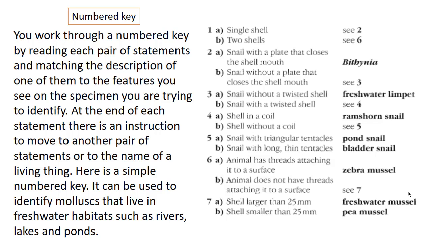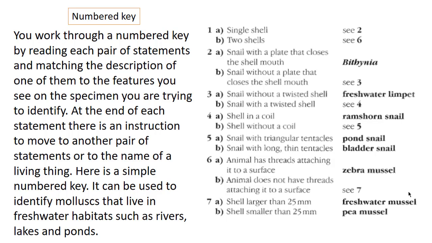If it's the second B, you go to the third pair, and the snail without a twisted shell is a freshwater limpet. If it's not that one, you look at the third B. It's a snail with a twisted shell. You go to number 4: shell in a coil.